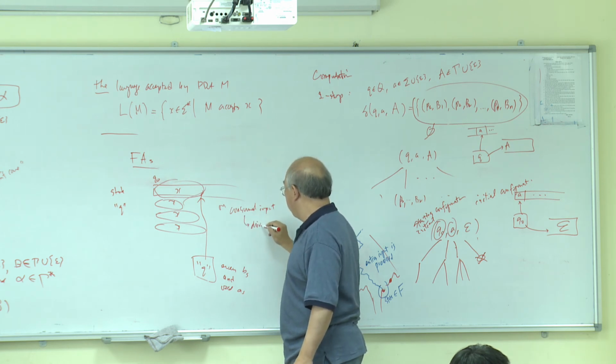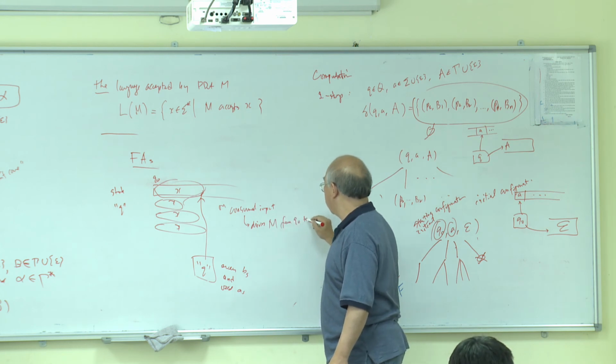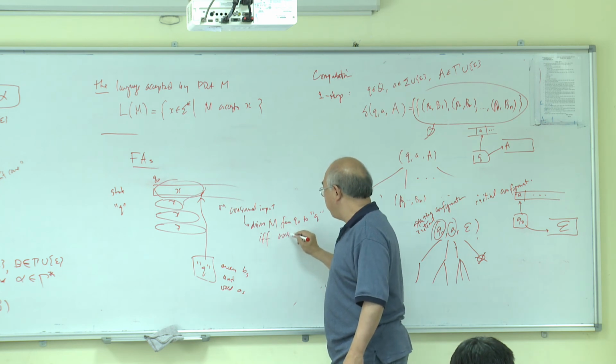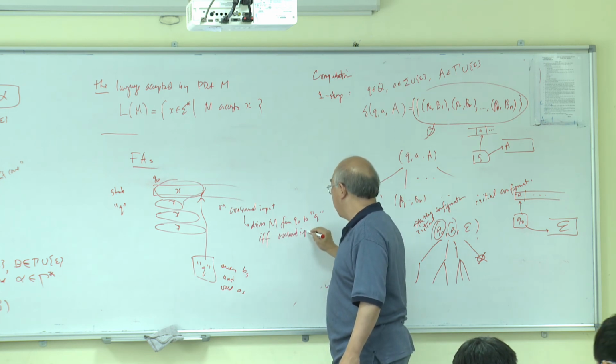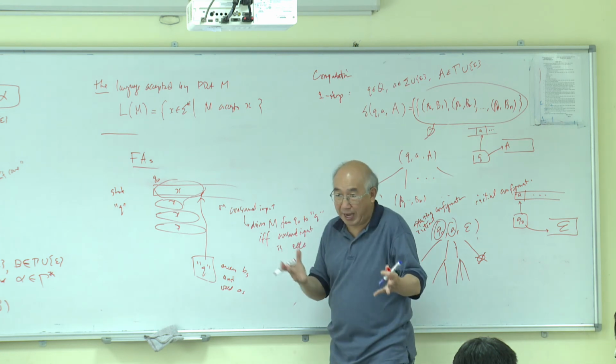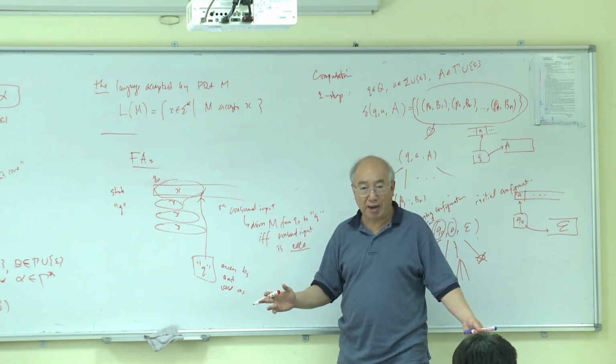this drives M from Q0 to this state Q if and only if this consumed input is typically characterized by what you want to say, right? So maybe it's modulo 3 equal to 1.